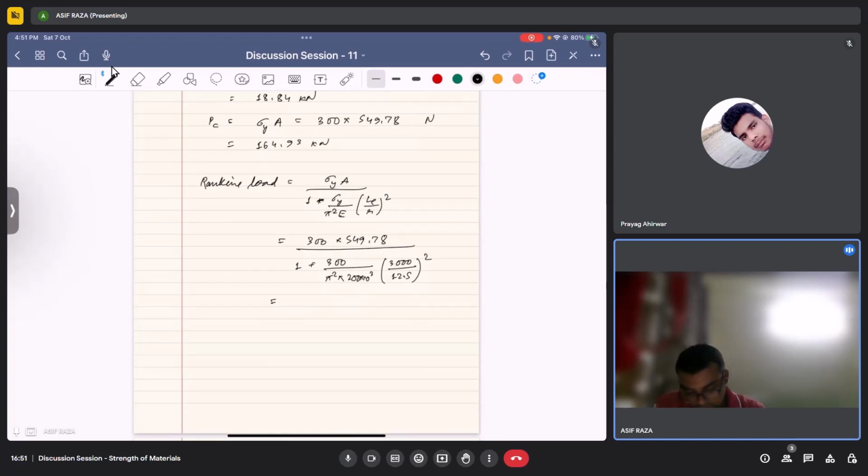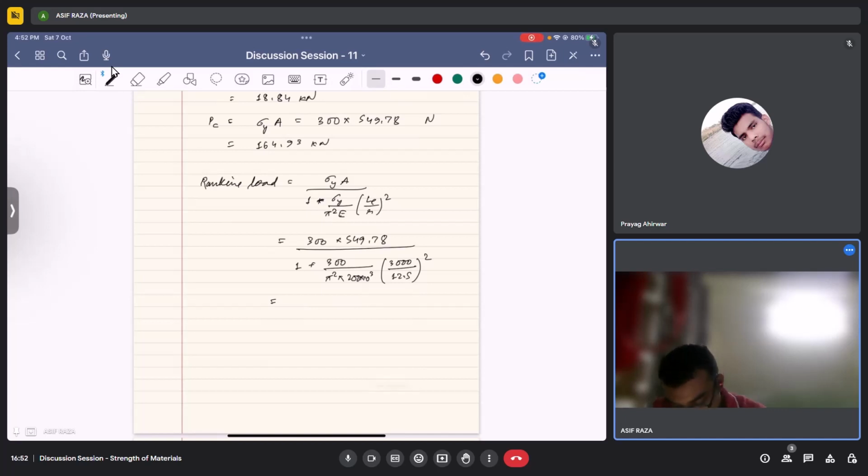So 3000 divided by 12.5 whole square into 300 divided by 200 divided by 10 to the 3 divided by pi square, plus 1, to the power minus 1, into 300 into 549.78.